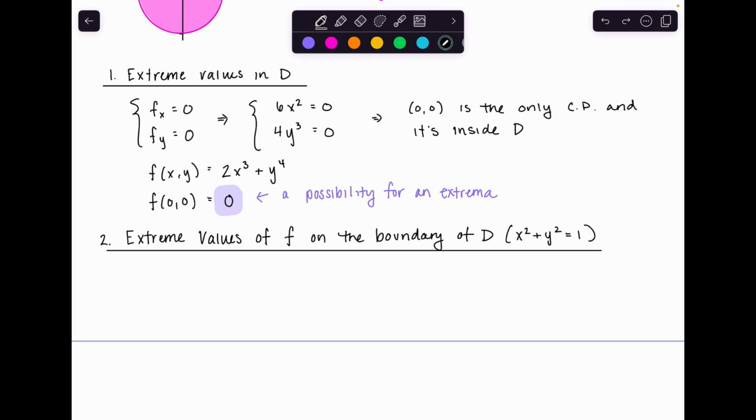Use sines and cosines. So here, to guarantee we are only on the boundary of D, we can use a parametric function.